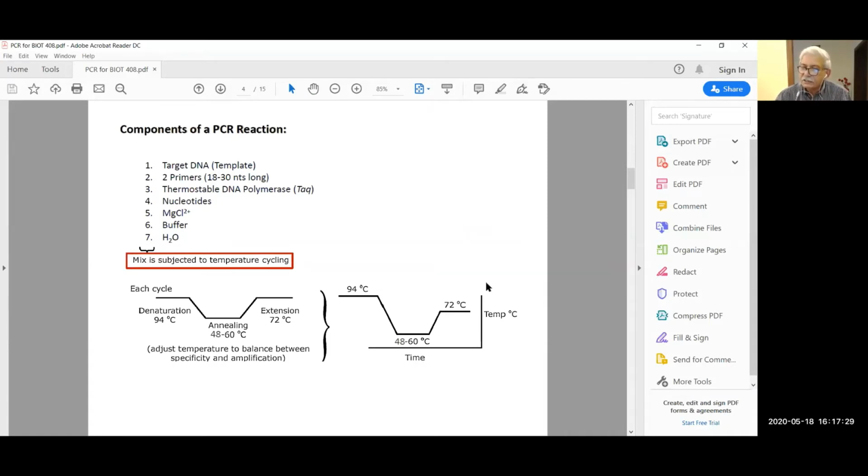And I said, just assure yourself that when you are setting up any molecular biology reaction, take out your notebook, write down the components of the reaction starting from 1, 2, 3, 4, 5, 6, as many as they are. Write those components just like this written here, okay? Target, 2 primers.